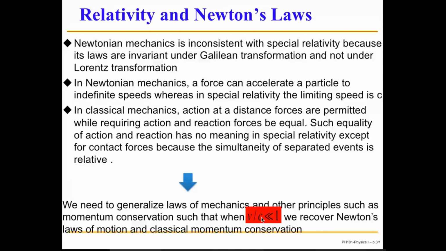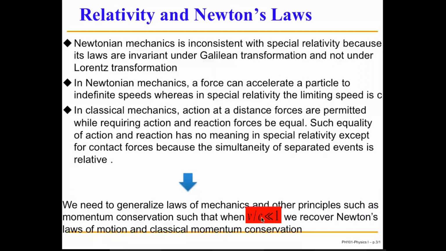So all that points towards the fact that we need to redefine momentum. Because when we study this collision problem, elastic collisions, for example, the momentum conservation law is paramount in getting the equations of motion or understanding the motions. All right.